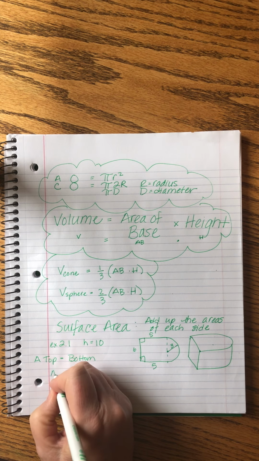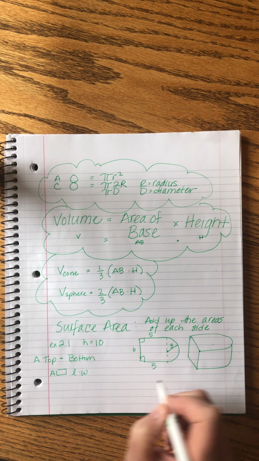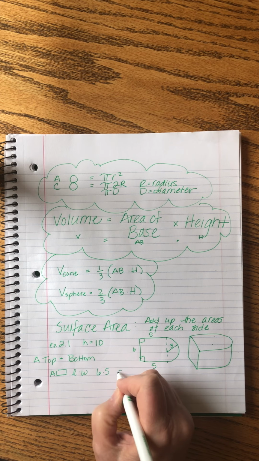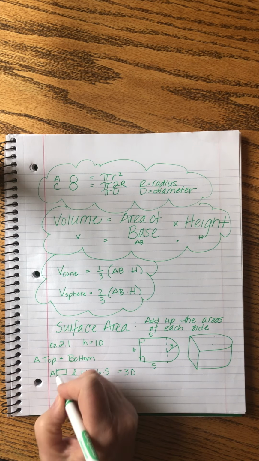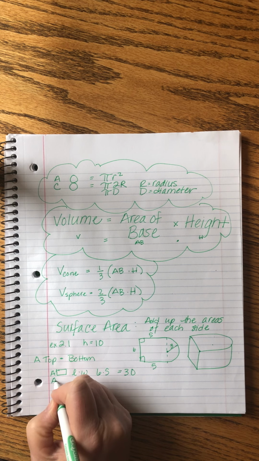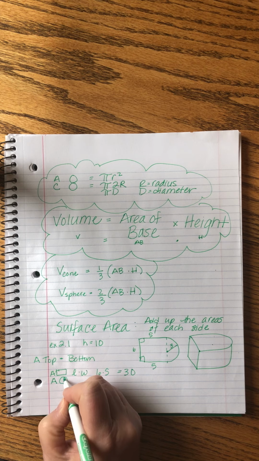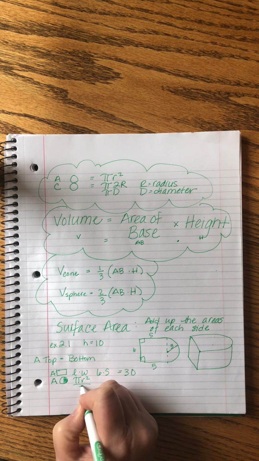So first we'll do the area of the rectangle, length times width, and that's 6 times 5, so that's 30. Then we have to find the semicircle. For the area of the half circle, we'll do pi r squared divided by 2.